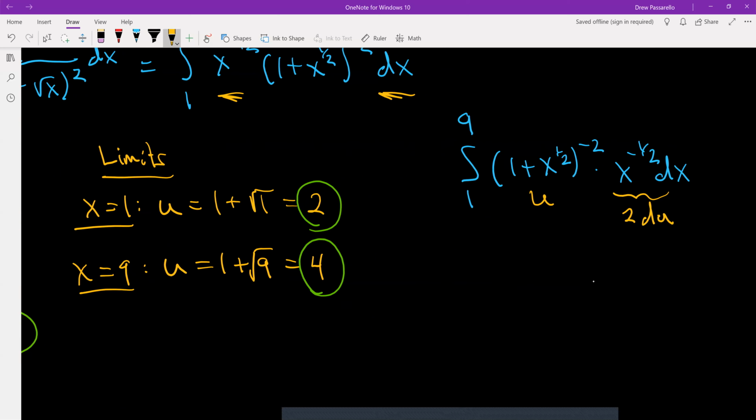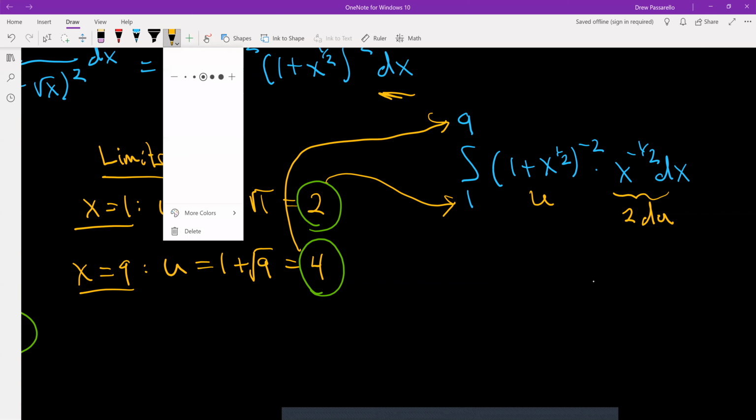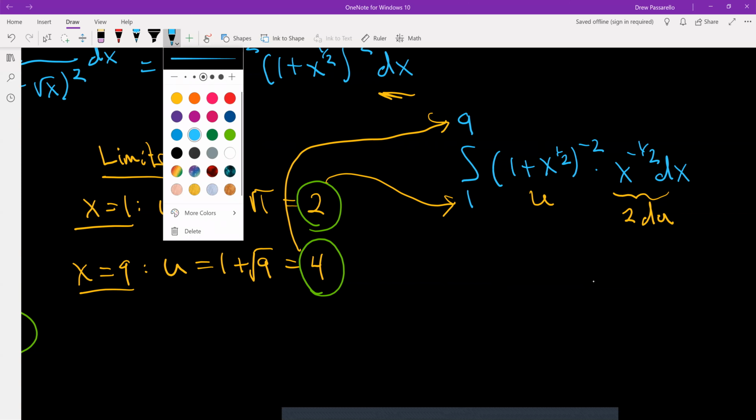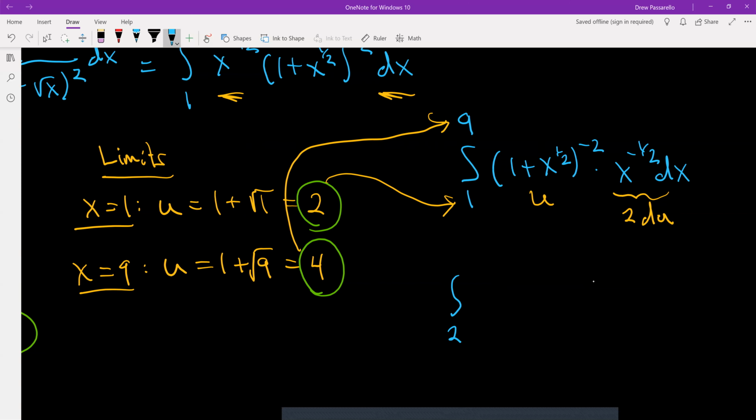And then we changed our limits, so 2 is going to go in the spot for 1, and 4 is going to go in the spot for 9. So that's going to make this 2 to 4, and then u to the negative 2, and then 2 du.